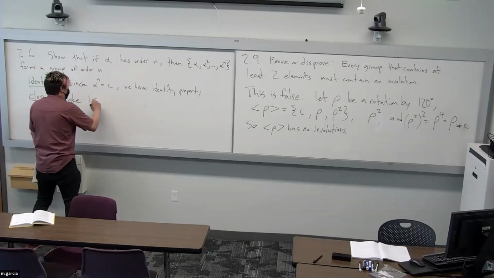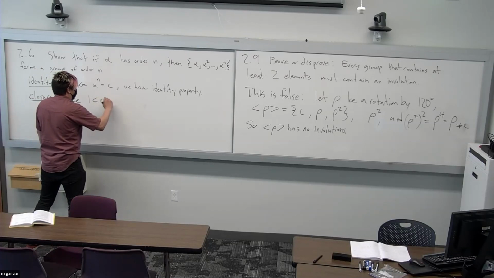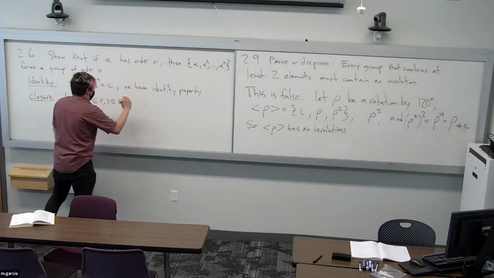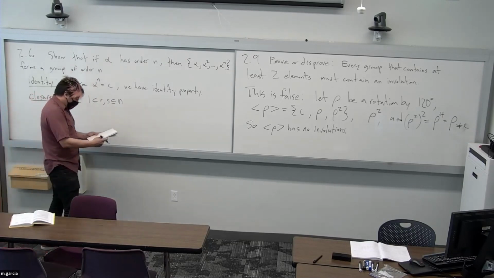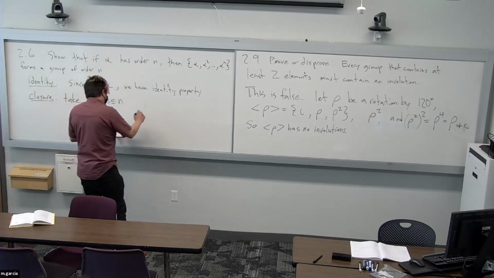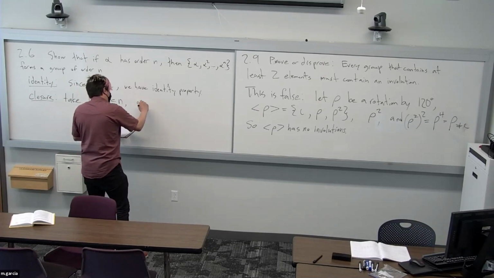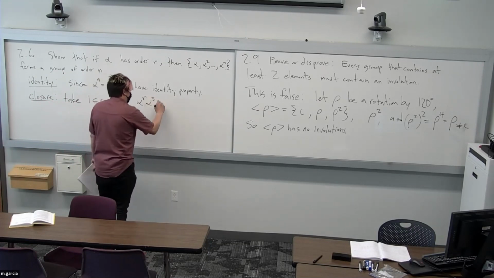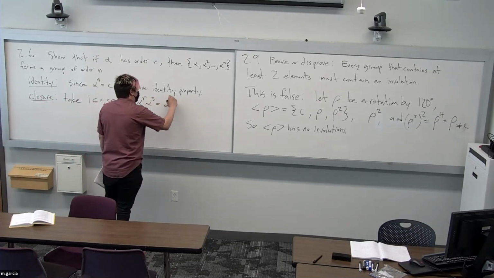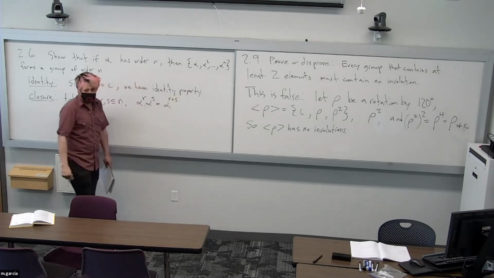Take two positive integers, r and s, between 1 and n. Then alpha to the r times alpha to the s. Remember, we have the usual arithmetic of exponents in groups.